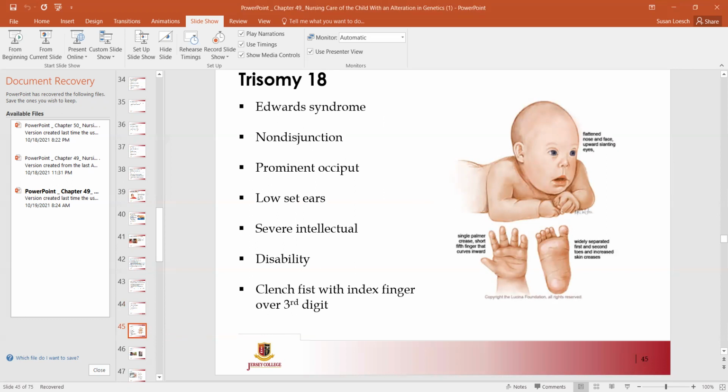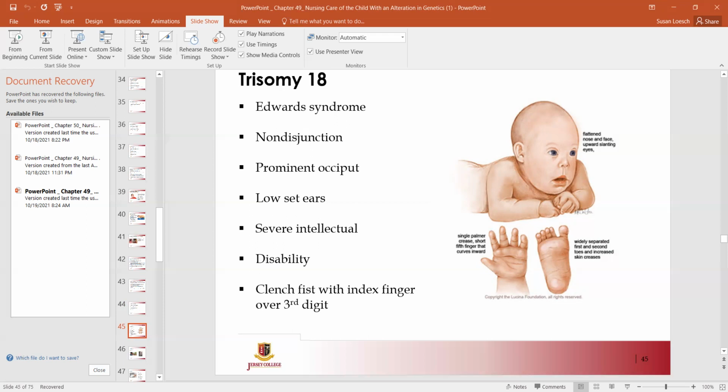So in trisomy 18, they will have the prominent occiput, the low set ears, the short eyelids, the severe intellectual disabilities, severe hypotonia, webbing, the clenched fist with the index finger overlapping the third digit and the fifth digit overlapping the fourth, hypoplasia of the fingernails, narrow hips, limited abduction, short sternum, and congenital cardiac defects.